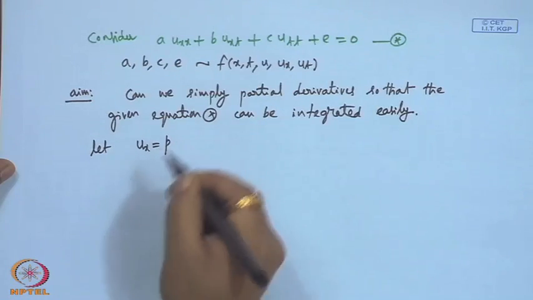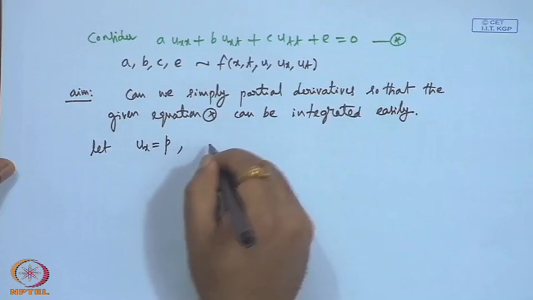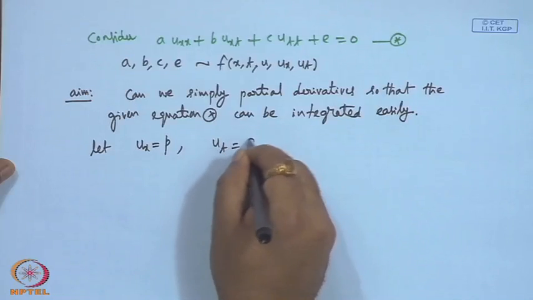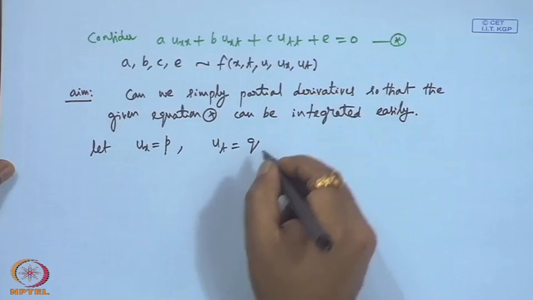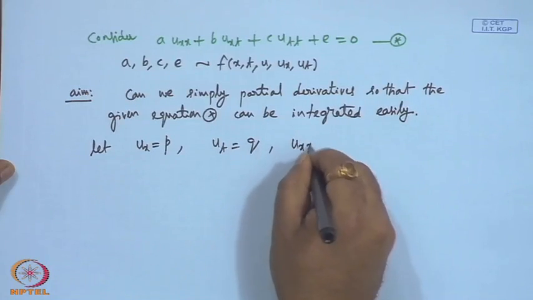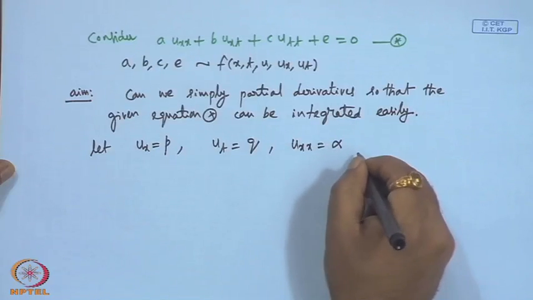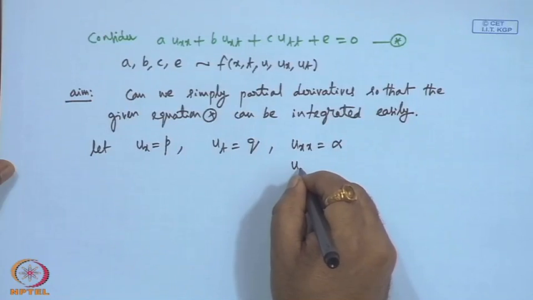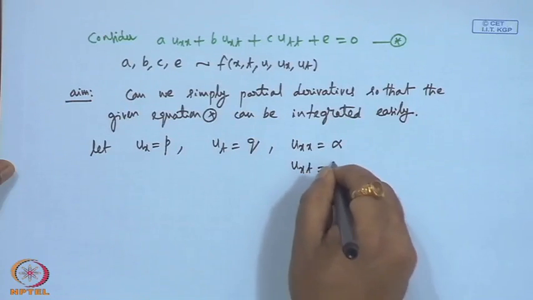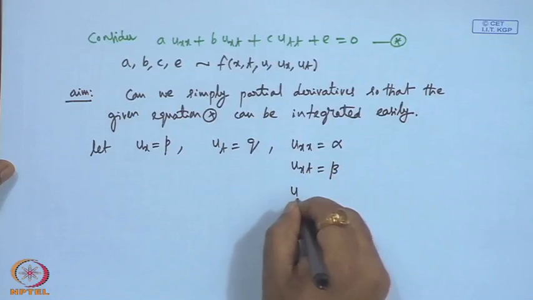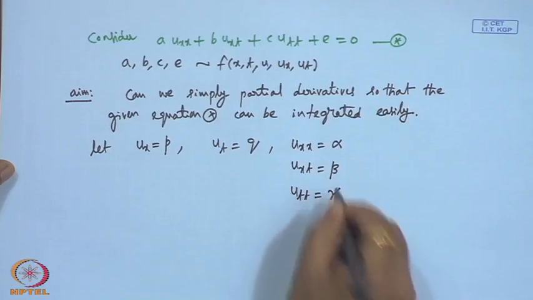So, this is a typical u x equal to p, u t equals to q, and u x x is alpha, u x t is beta, u t t is gamma.